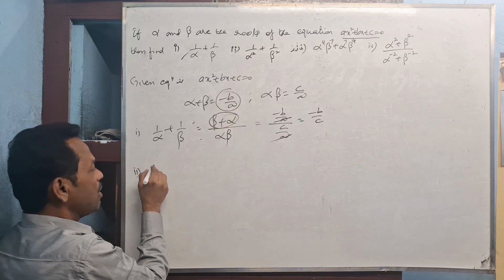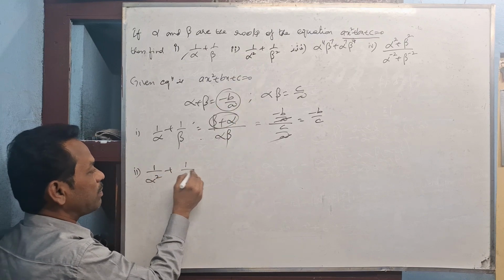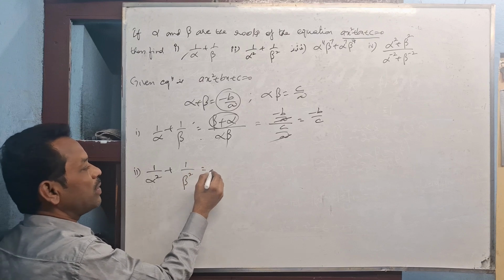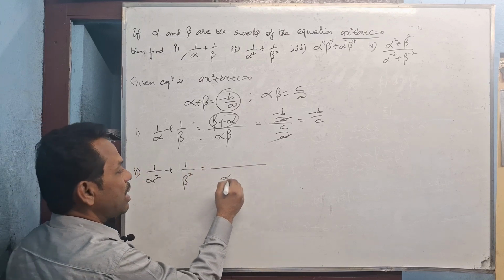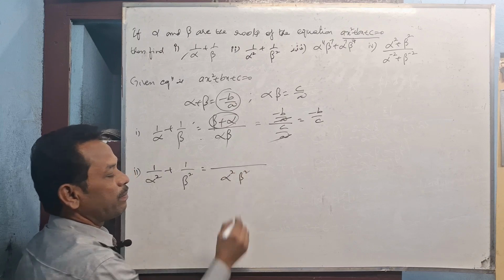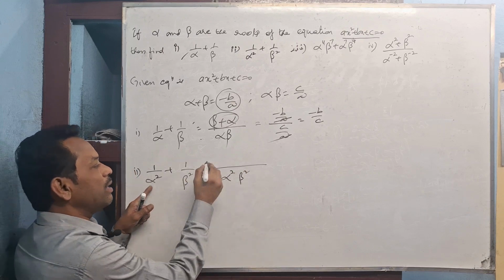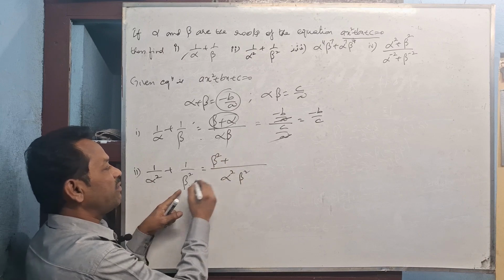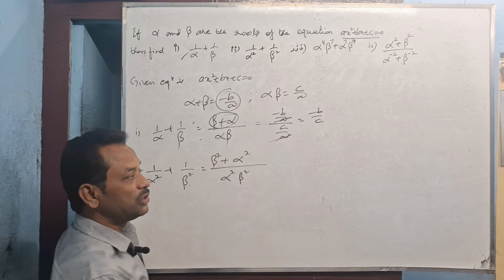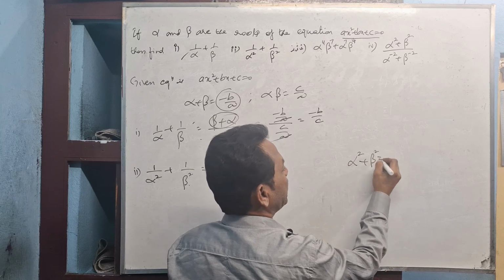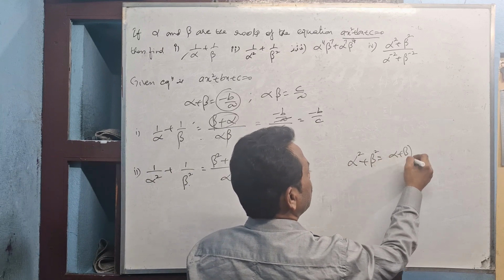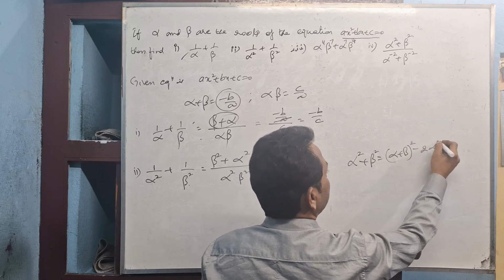The next question is 1 by alpha square plus 1 by beta square. Again, let me take the LCM for the denominators. Here the denominators are alpha square, beta square. So here we need beta square, plus here we need alpha square. Just now I gave one formula. So alpha square plus beta square can be written as alpha plus beta whole square minus 2 alpha beta.